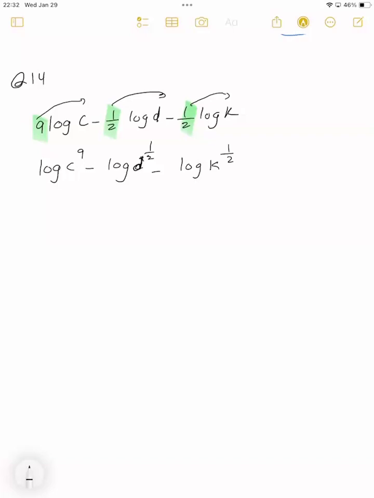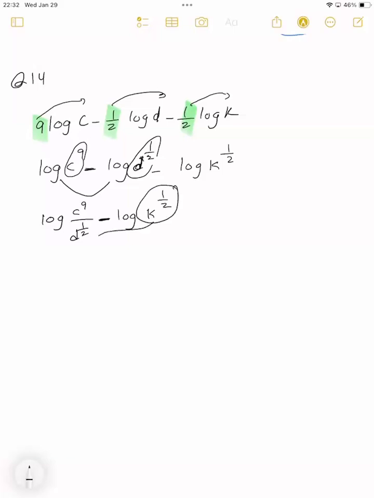Now I can use this property and write this as one log, join these two as one log, numerator, denominator. Again, this subtraction sends this argument into the denominator.